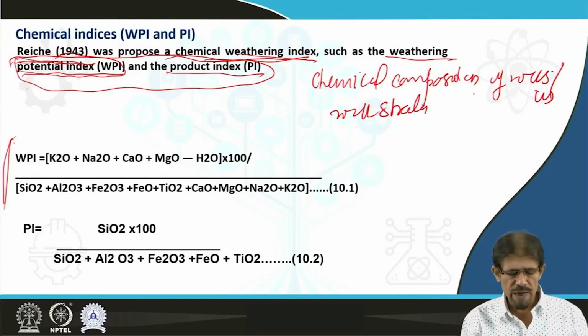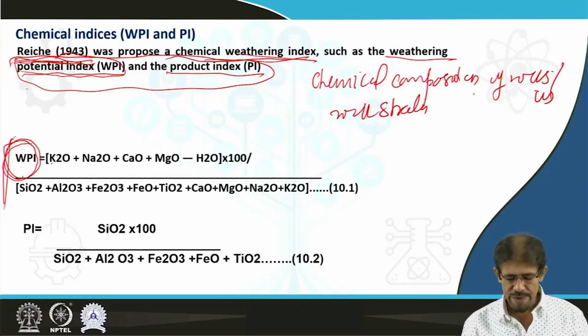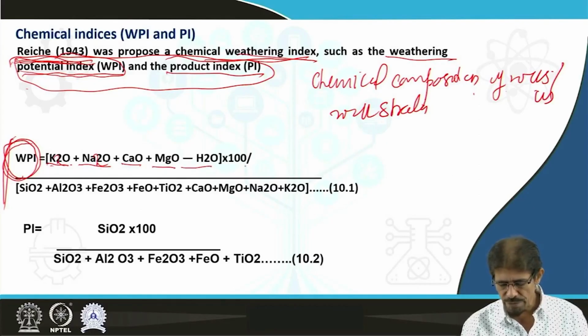So as per the concept proposed by Reiche in 1943, the weathering potential index can be determined based on the ratio of certain chemical compounds: K2O plus Na2O plus CaO plus MgO minus H2O, multiplied by 100.